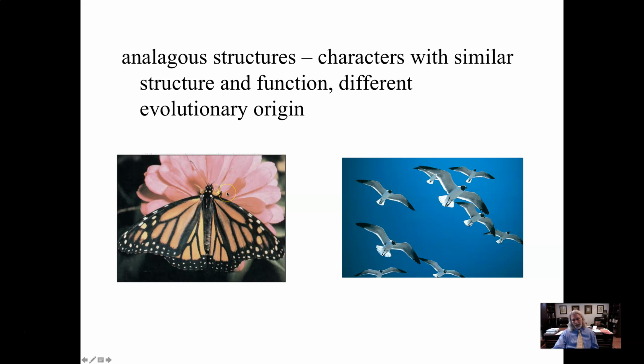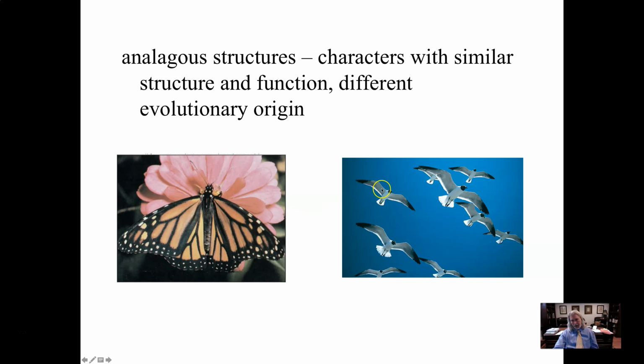Wings provide organisms the ability to fly, and that's powered flight. The wings of a butterfly and the wings of a bird have the same endpoint, which is allowing the organism to fly, but how they came about is totally different.